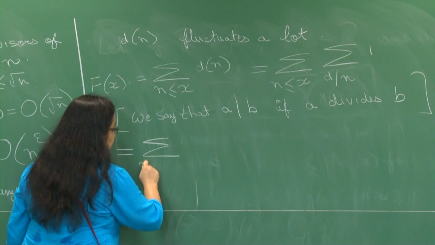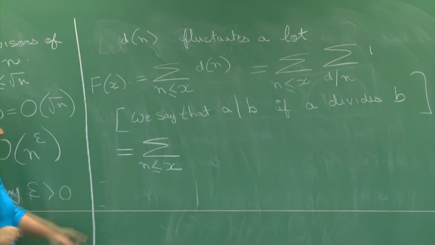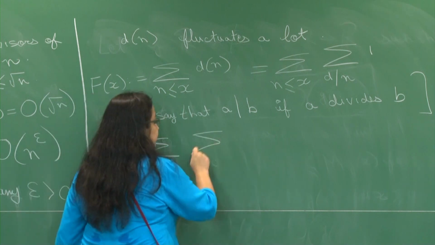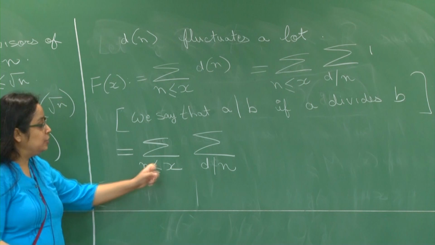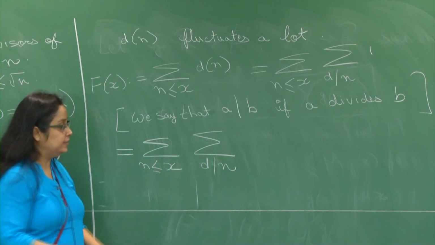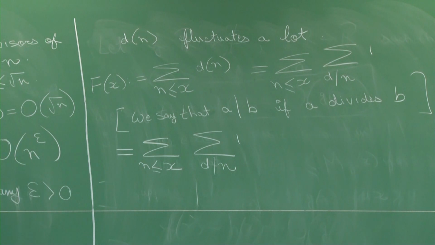Let me just rewrite this. You have the sum over all the n's up to x, and then in the inner sum, for every n you are taking all possible divisors, and to each divisor you are attaching the weight 1.